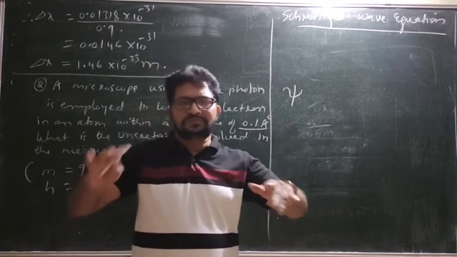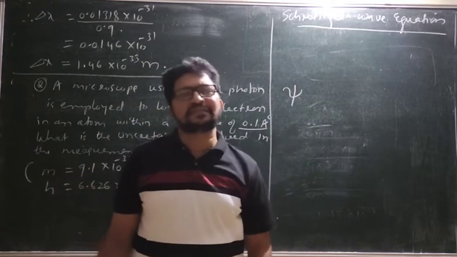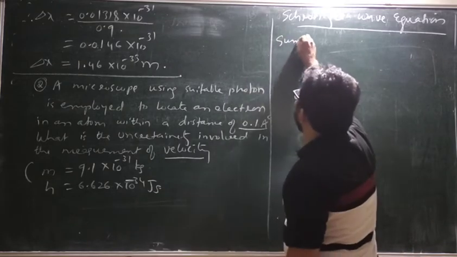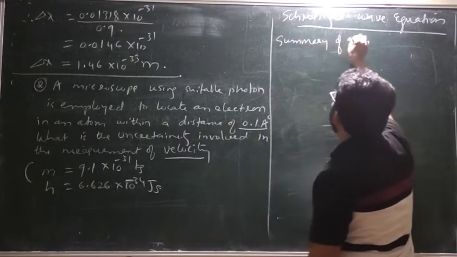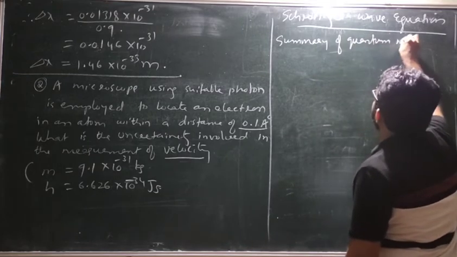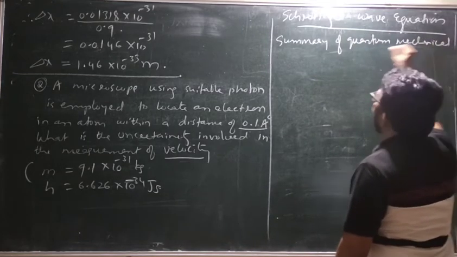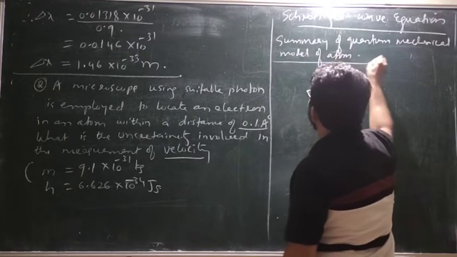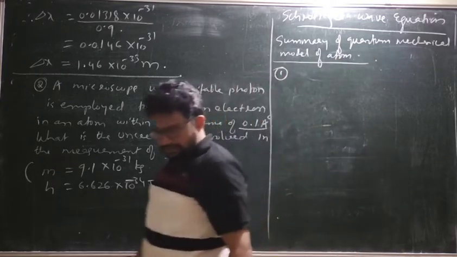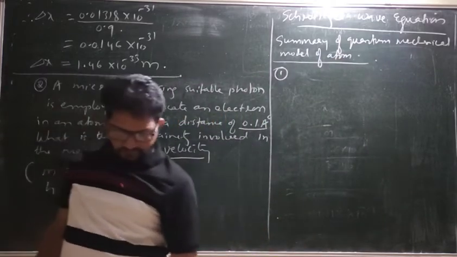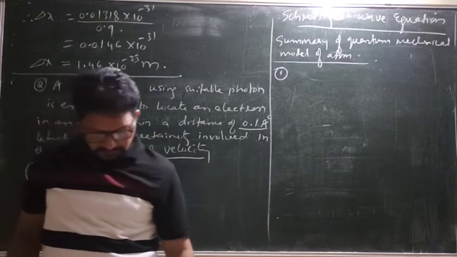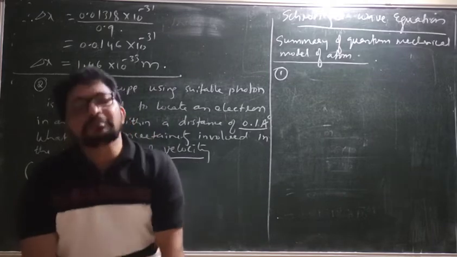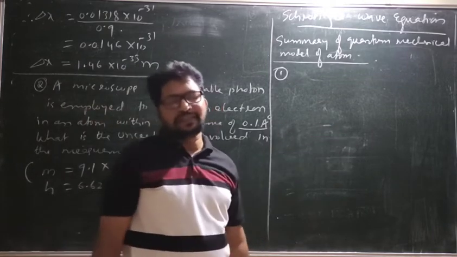One thing I will do, I will now club all the quantum mechanical models. So I will write the summary of the quantum mechanical model of atom. See, when you go to the summary of the quantum mechanical model of atom, you should start with the next part of the quantum theory.